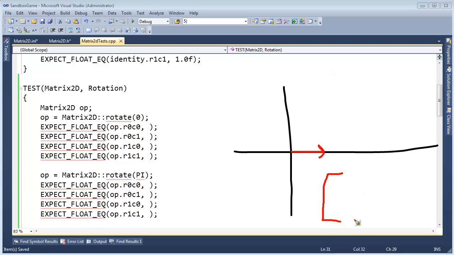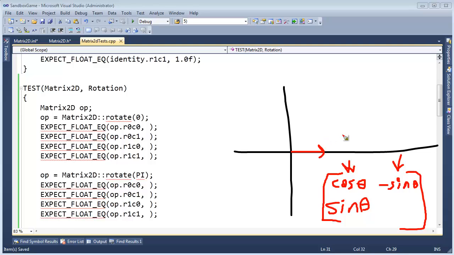Well, the rotation matrix from the previous videos is going to be cosine theta, negative sine theta, and actually, I should have probably written this sine theta first, because mentally I like to think of it as this is the one basis vector, this is the next basis vector. But either way, cosine, negative sine, sine, and then this is going to be cosine again.